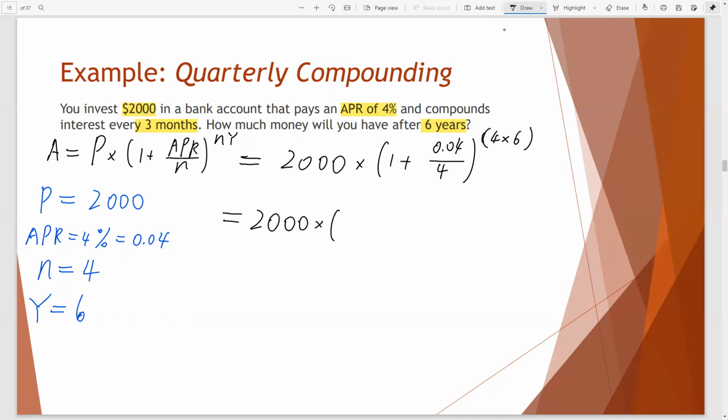If you want to show more steps, that's fine, but you could see 0.04 divided by 4 is 0.01. 4 times 6 is 24, the power.